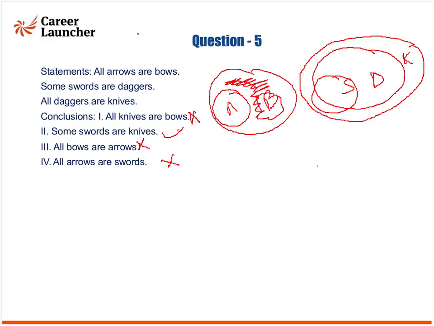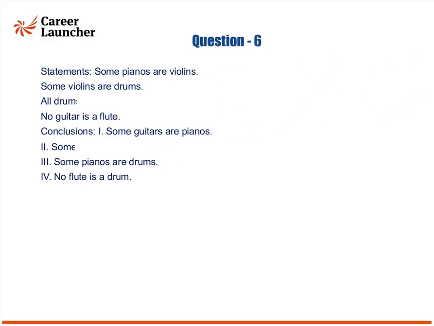I'll take up one last question, and I'm hoping that this would have cleared some of your doubts on syllogisms. Some pianos are violins, some violins are drums, all drums are guitars. No guitar is a flute.